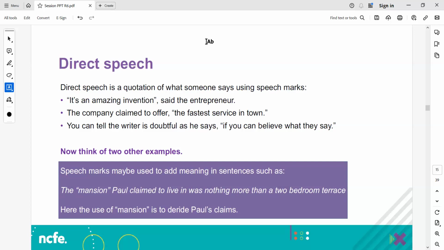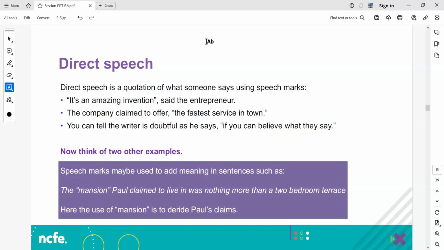So it can be a quotation of what someone has said out loud, such as the first example. It's an amazing invention, said the entrepreneur.